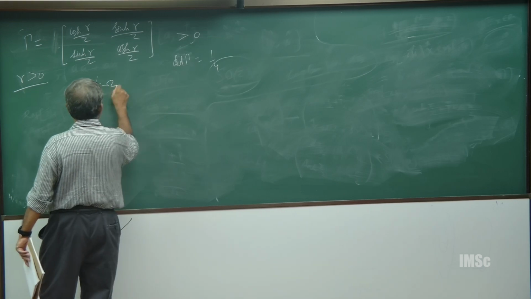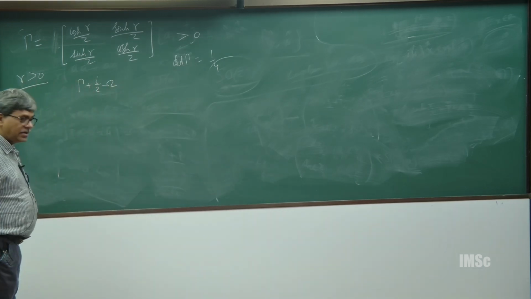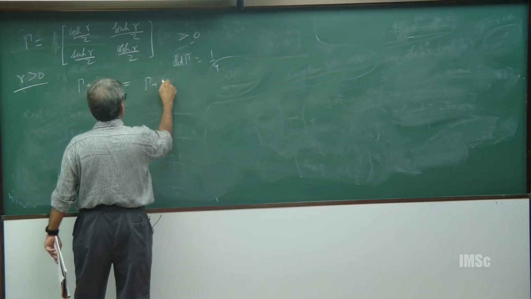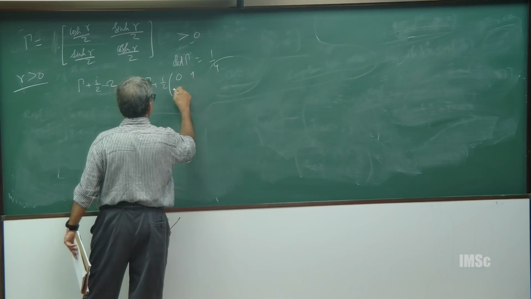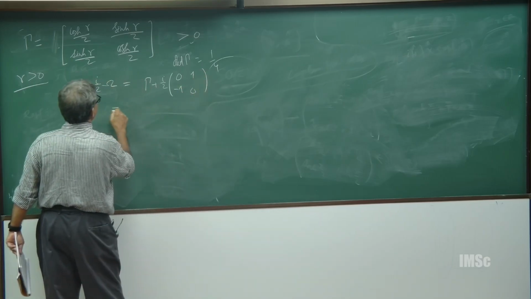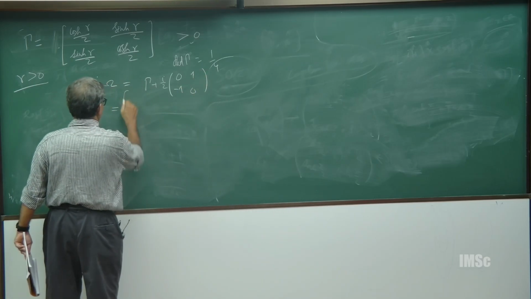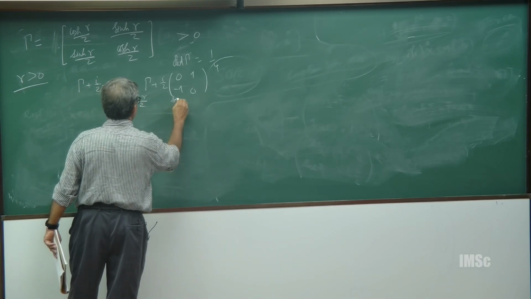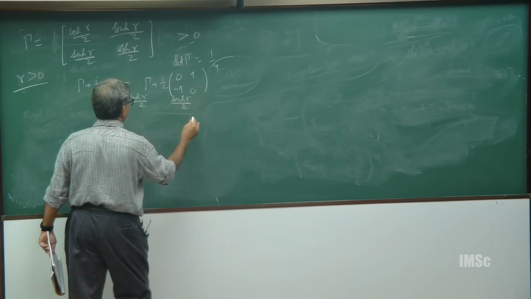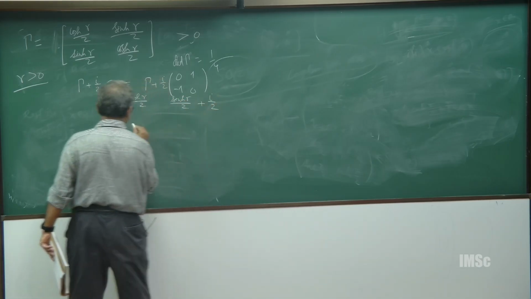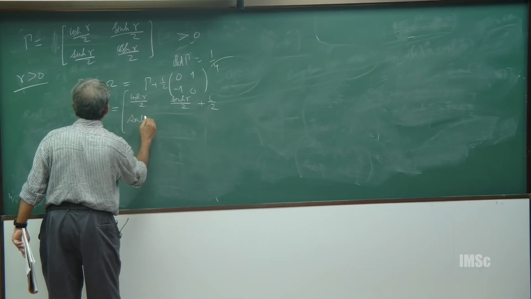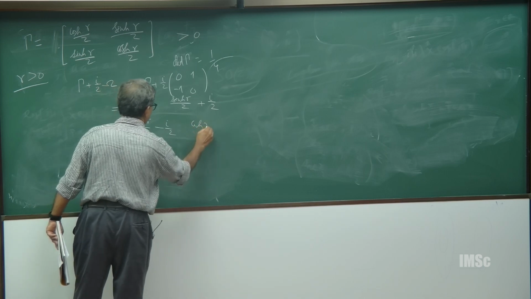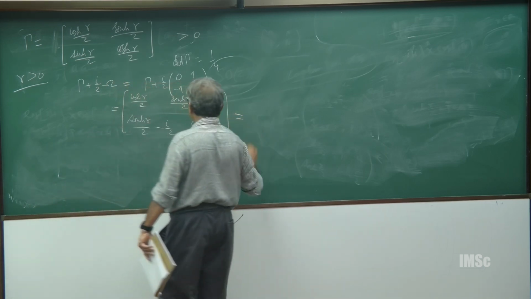So, iota by 2 omega, if I look at it, what is this? This is basically gamma plus iota by 2 times the matrix 0 1, minus 1 0, and this should be cosine hyperbolic r by 2, sine hyperbolic r by 2 plus iota by 2, sine hyperbolic r by 2 minus iota by 2, cosine hyperbolic r by 2. And what is the determinant of this?